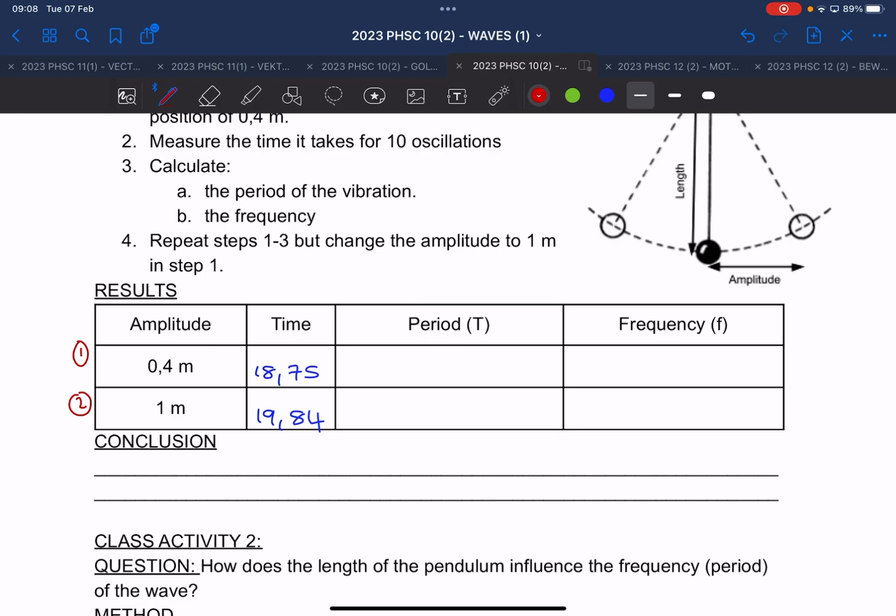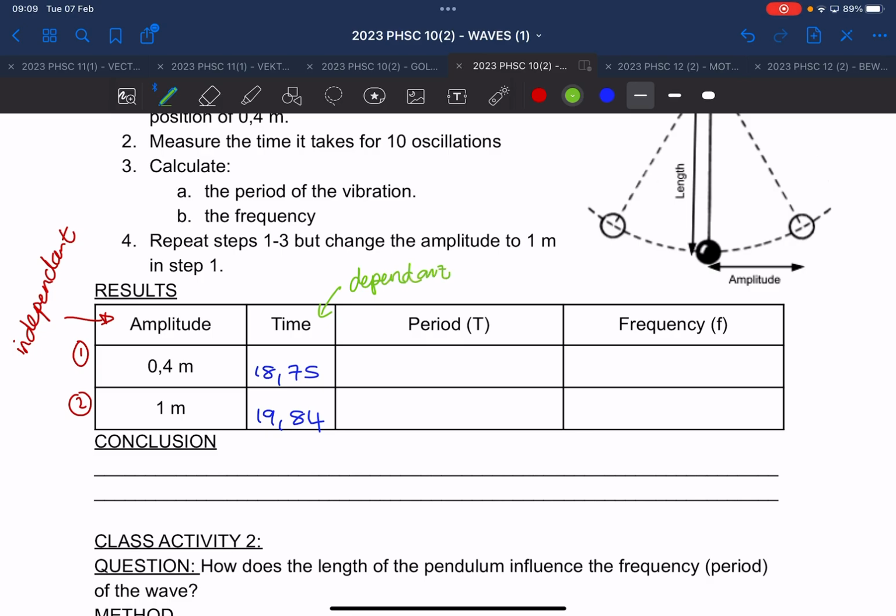Yeah, the word is just there. So we changed the amplitude. So the amplitude is the independent variable. The independent variable is the thing that we change. Then what was the thing that we measured, Ona? The time. That was the dependent variable.